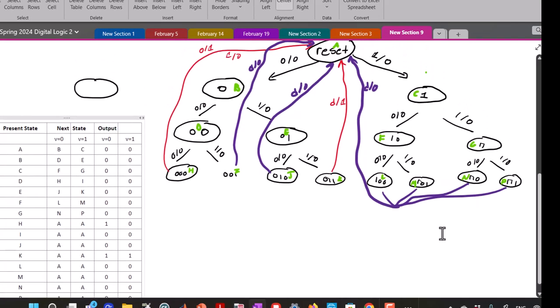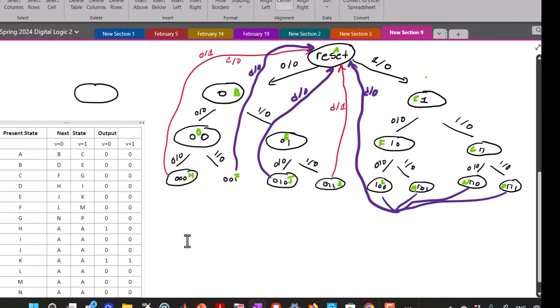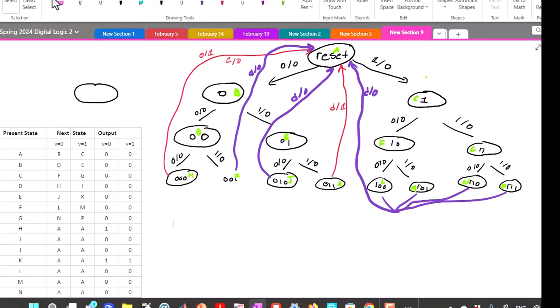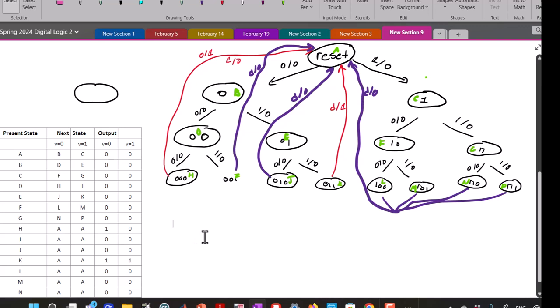Okay, so now we want to partition this, and we do it first based on our output, and we notice that there are just 3 types of outputs. You can have 0, 0, or you can have 1, 0, which is the case for H, or you can have 1, 1. Those are the only 3 types of outputs that we have. And so we can divide based on those outputs.